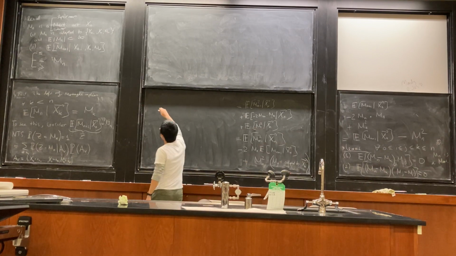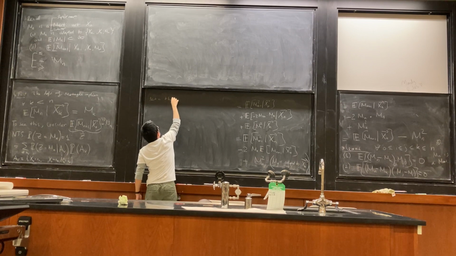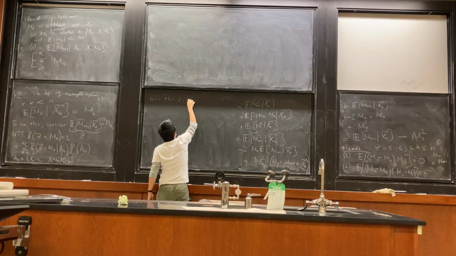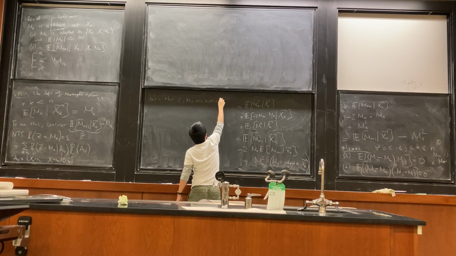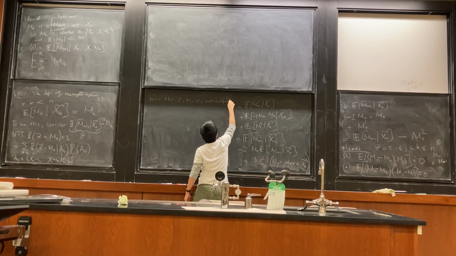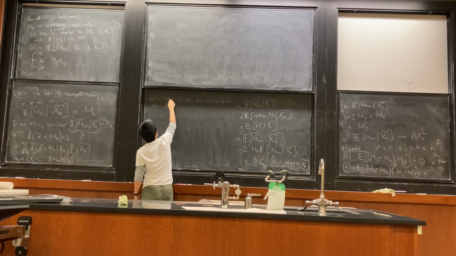So we note that, by definition, Z and Mn are both adapted to the collection of Xn.